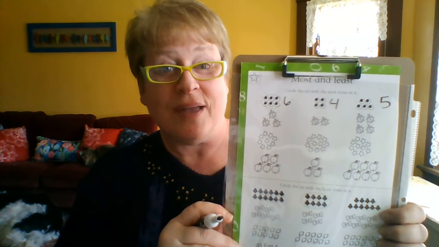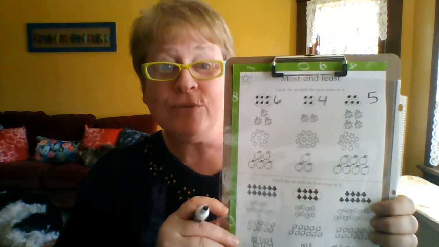Now, when we're trying to decide which number is more or which number is least, I think of your birthday. Your very first birthday, you turn 1. Then your next birthday, you turn 2. So if you're counting, each year you get older, you add another number to your age.